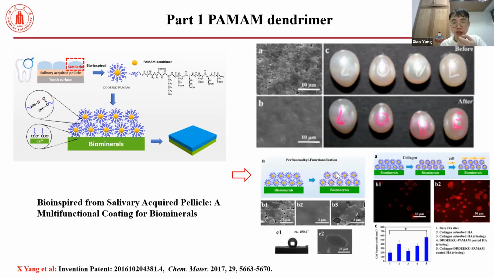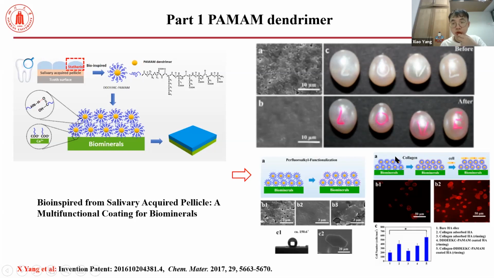We also used some functional molecules to modify this surface, and this is a molecule that can give a super hydrophobic property. We can endow the surface with superhydrophobicity, and we used it for protein crystals.